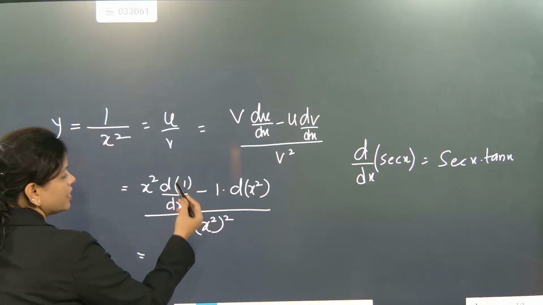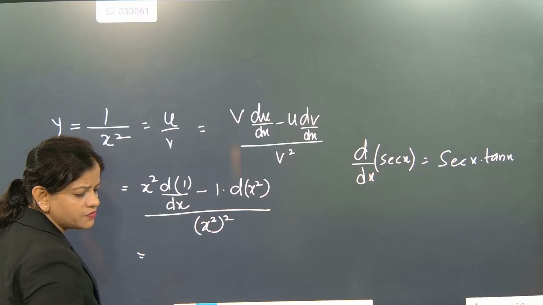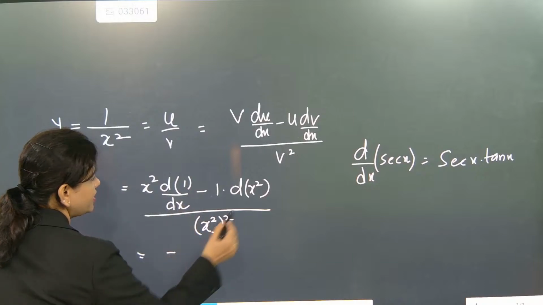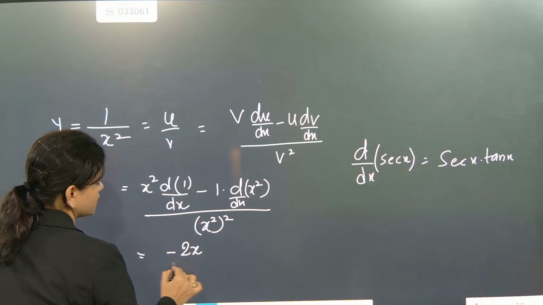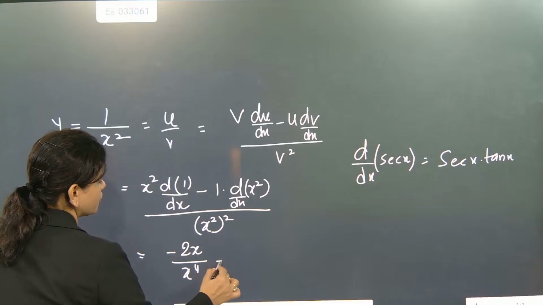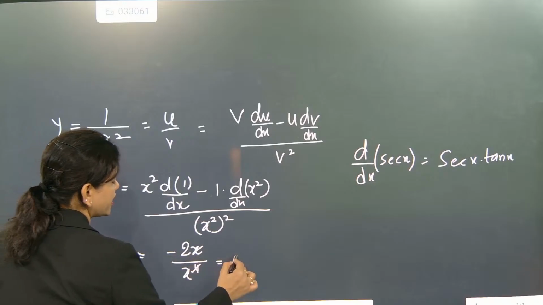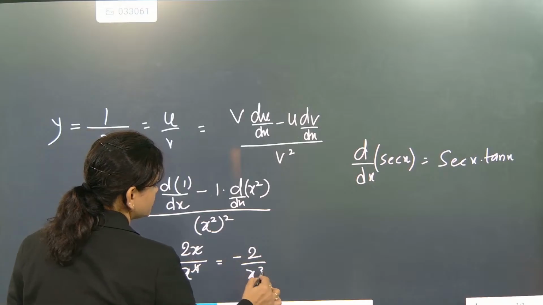Done. Now differentiation of a constant will become 0. So here it will become minus, differentiation of x square will become 2x, by x to the power 4. So this power and this will get cancelled. It will become minus 2 by x cube.